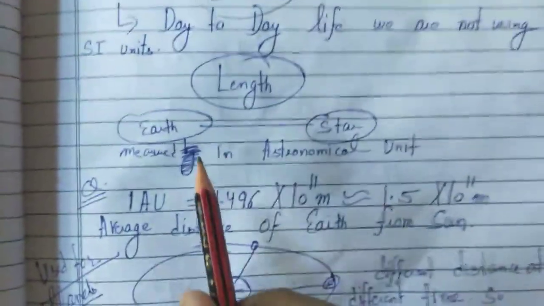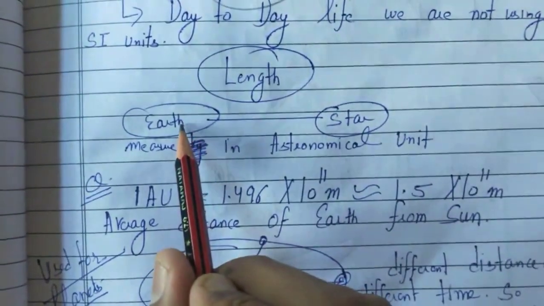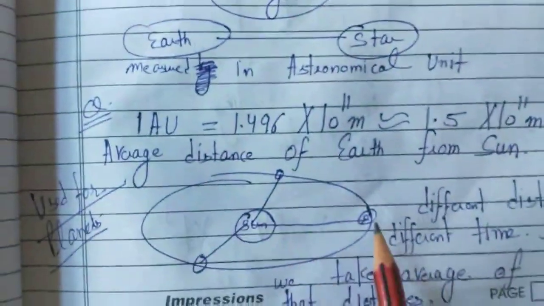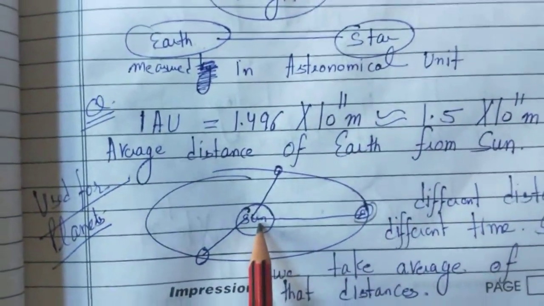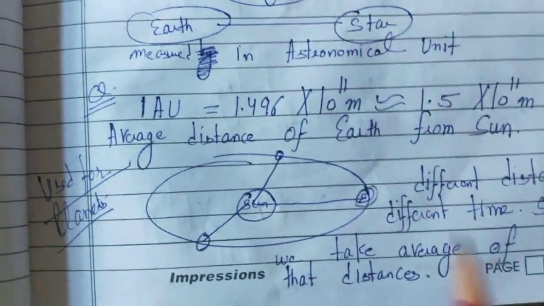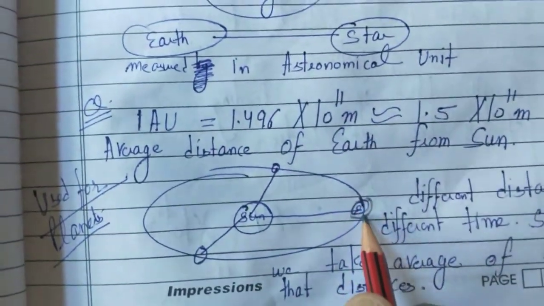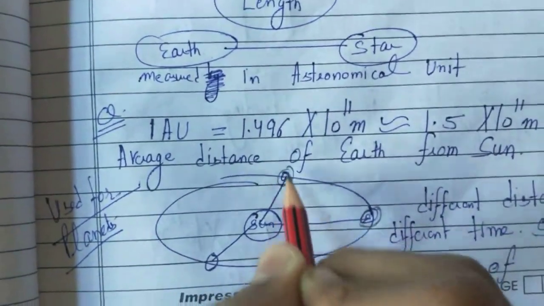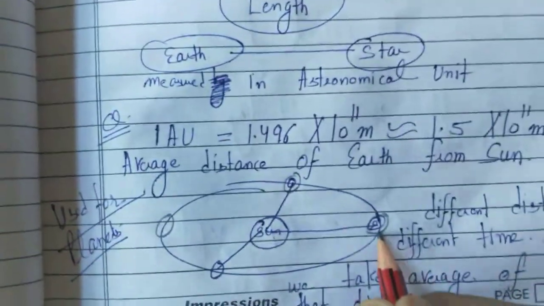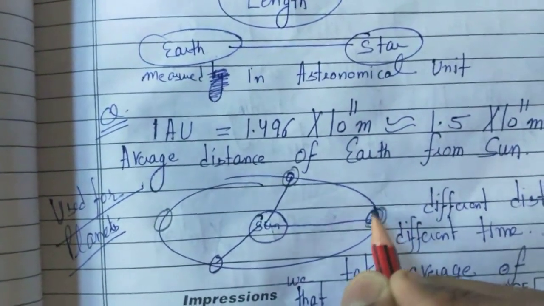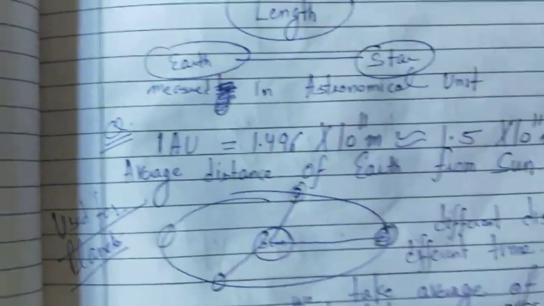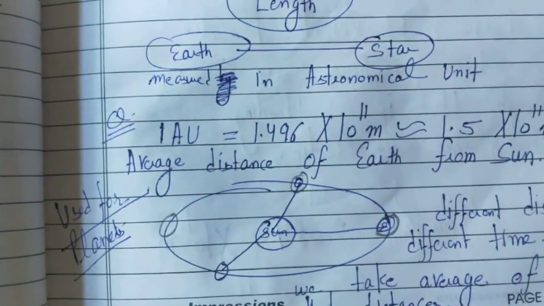Suppose we are calculating the distance between the Earth and a star, or between the Earth and the Sun. We can't calculate it in kilometers or meters. This is a very large unit. Earth will be here at one part of the year, here at another part of the year, and after 365 days and 6 hours Earth will complete one revolution.